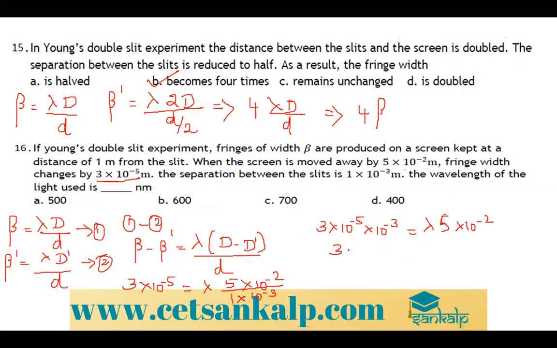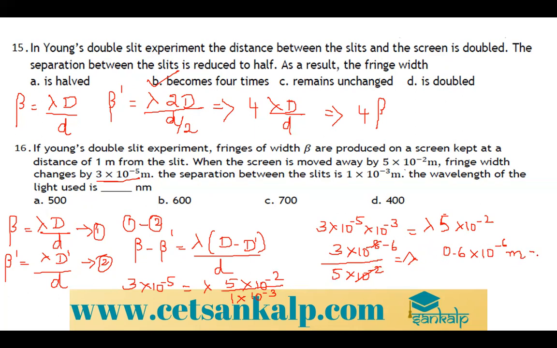So 3 into 10 to the power minus 8 divided by 5 into 10 to the power minus 2 is equal to lambda. 10 to the power minus 8 by 10 to the power minus 2 gives minus 6. 3 by 5 is nothing but 0.6 into 10 to the power minus 6 meter. So now it should be in nanometer.